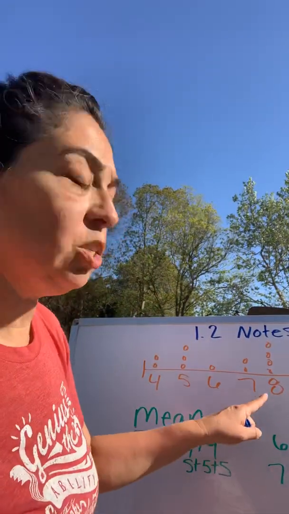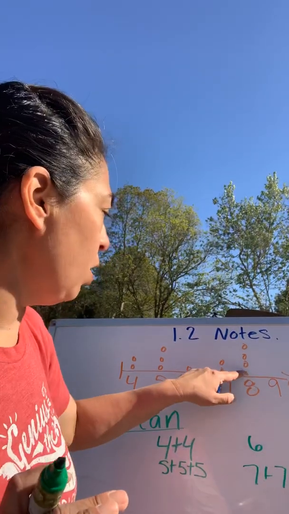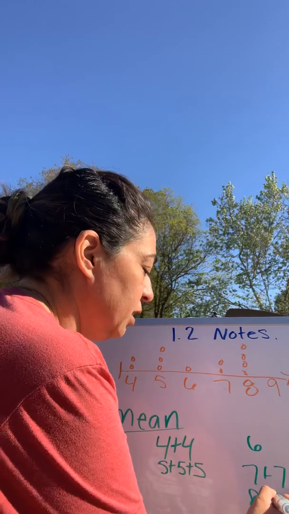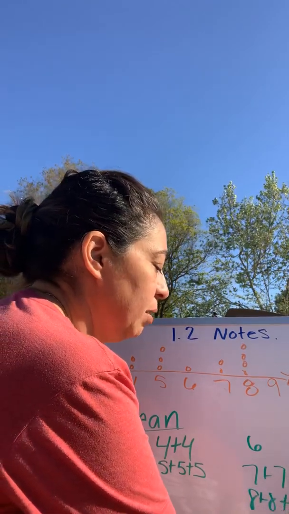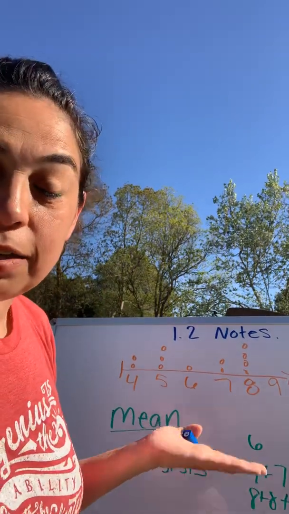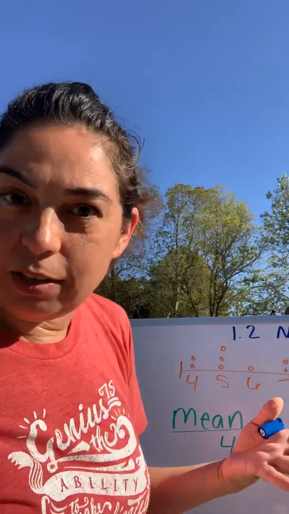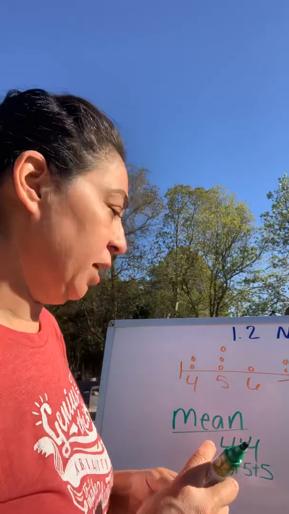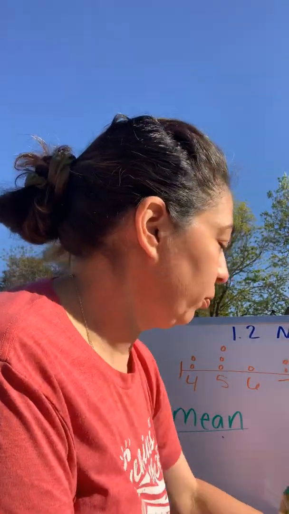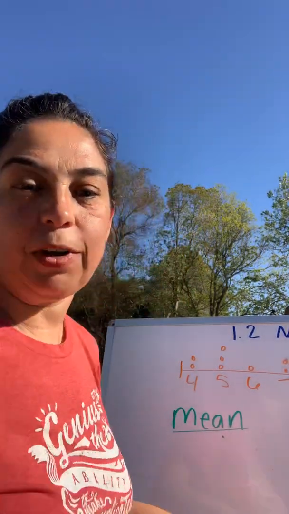And then in my last one, for 8, I have 1, 2, 3, 4, which would be 8 plus 8 plus 8 plus 8. Now we can add all of these numbers up, but being in 6th grade, we can do it easily by multiplying these out. So I'm going to erase these out, and I'm going to do it the easy way.